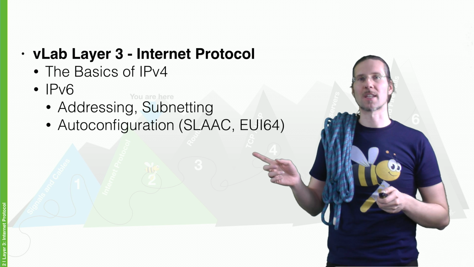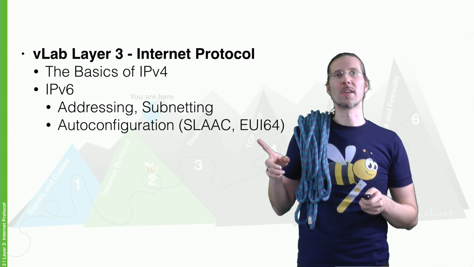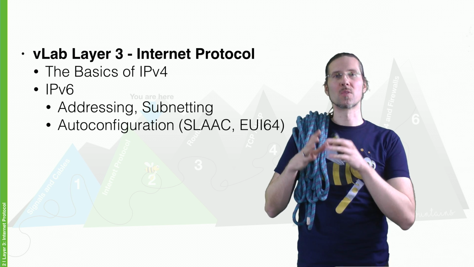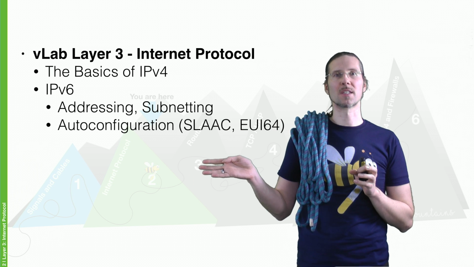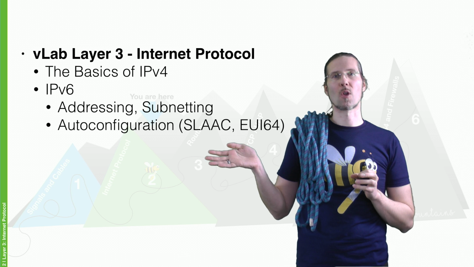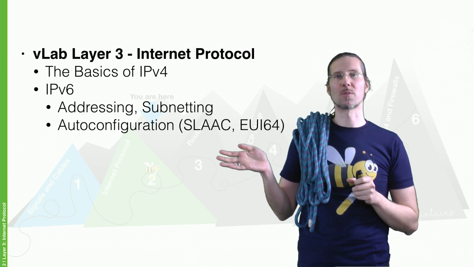We looked at the stateless address auto configuration, where the EUI-64 is used for generating the host part of the IPv6 address. We looked at different prefixes for the link local and for the globally unique IPv6 address.